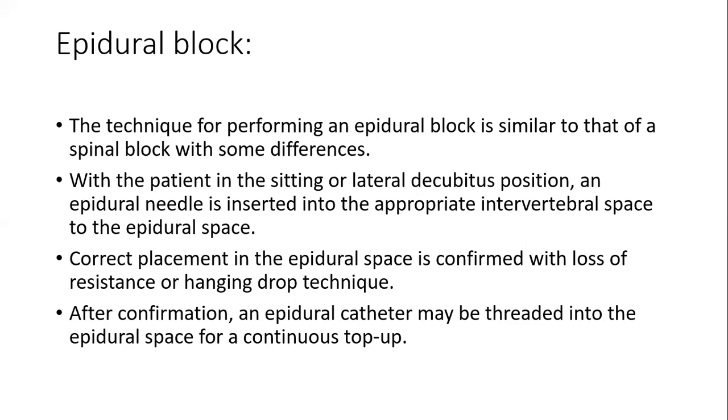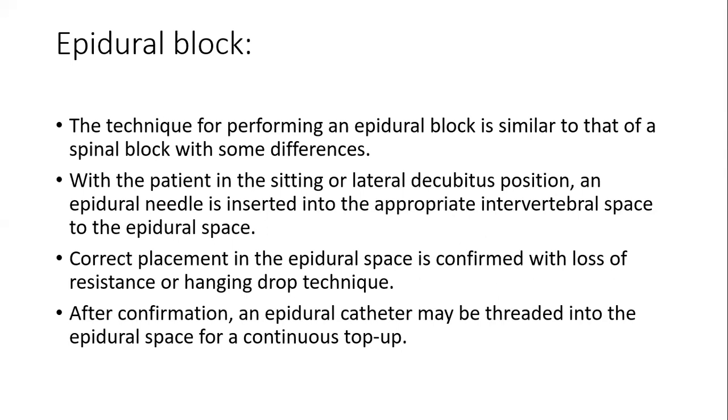Note that contrary to spinal, where confirmation of correct placement is free flow of cerebrospinal fluid, the confirmation of correct placement of the epidural needle is with loss of resistance, or what we call the hanging drop technique. You go gradually and you feel a give, then you feel a loss of resistance.